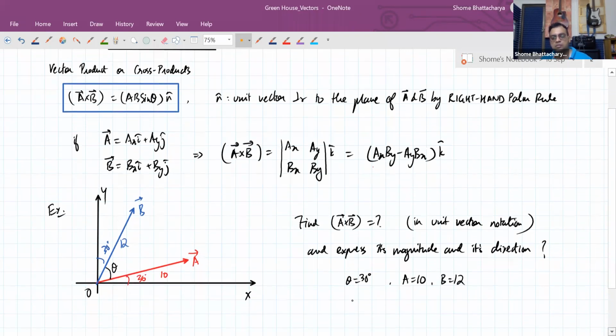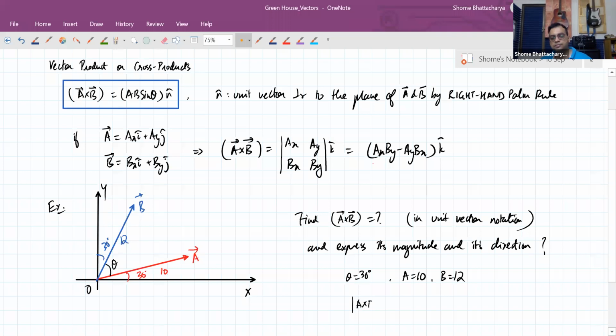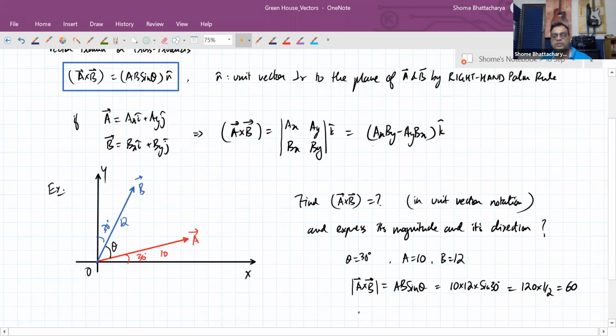So magnitude of A cross B is AB sine theta, that will become 10 into 12 into sine 30. So that is 120 into half, that is 60. So mod of A cross B is 60.